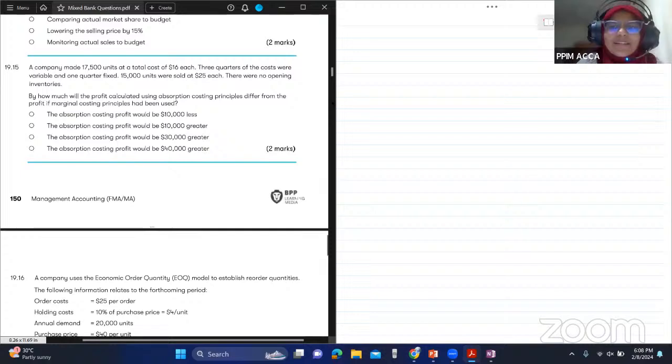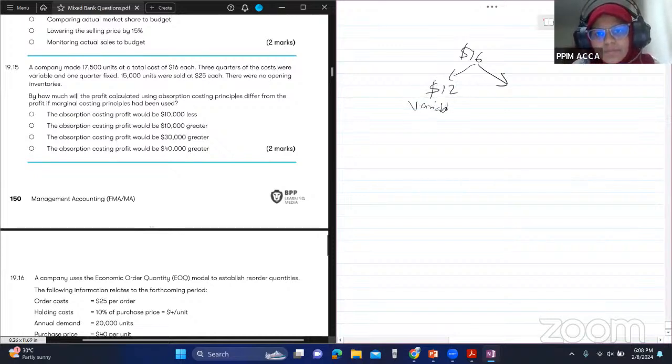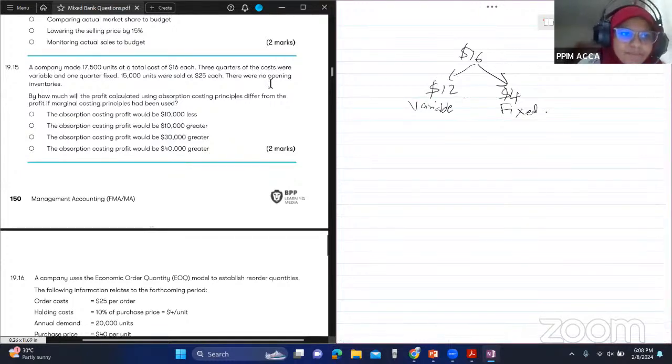So what they're trying to say is, in this $16, 3/4 of it is variable. If you take 3/4 of 16, we are talking about 12. That is variable. And the remaining quarter, which is 4, that is fixed. There were no opening inventories.